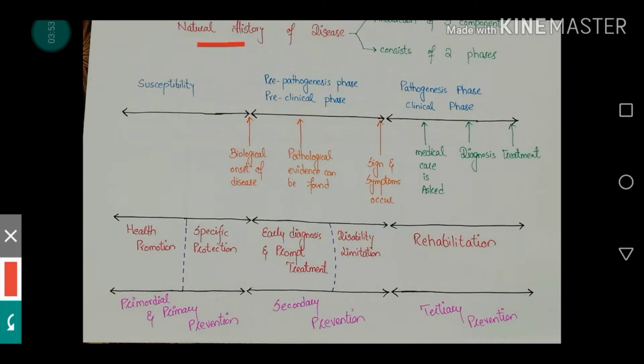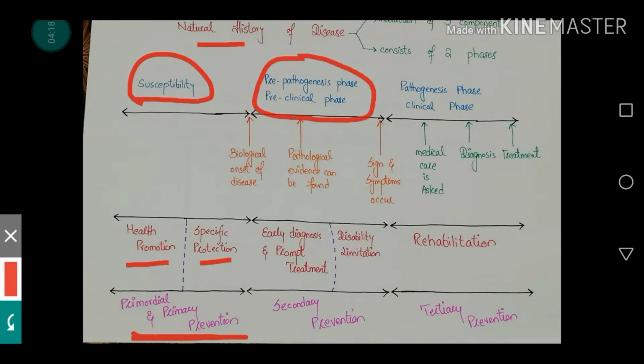Now, talking about natural history of disease in terms of preventions. When the patient is in the susceptibility period, primordial and primary preventions can be used. It has further two subdivisions, which are actually the mode of intervention. They include health promotion and specific protection. I will go into detail of these at the end of this lecture. Then comes the pre-pathogenesis phase.